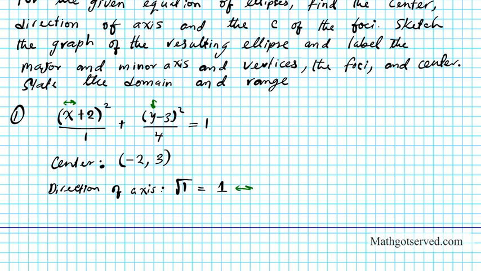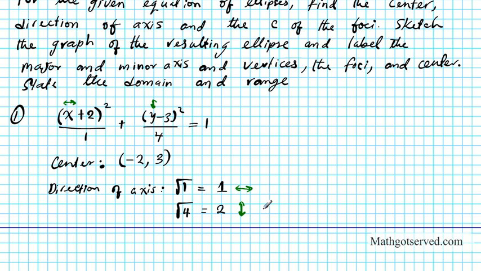So this has to go side to side. Okay, and we need the square root of 4, which is 2, and I got the 4 from under the y, so this axis is going to go up and down. So this is your vertical axis, there goes your horizontal axis.